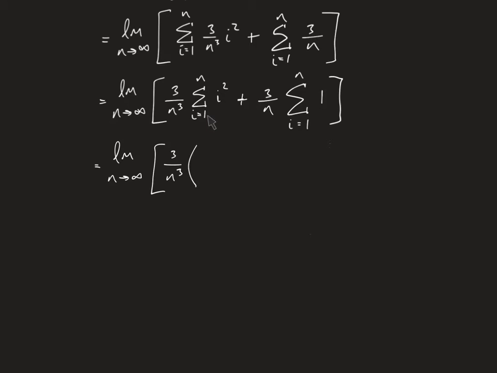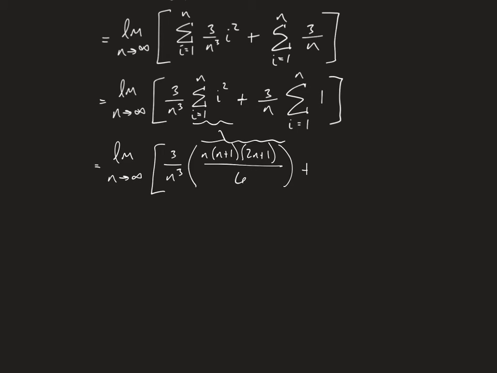We know what this equals. One of our theorems tells us how to evaluate the sum from 1 through n of i squared. And so we can use that theorem to just, or hopefully recall, that this is equivalent to n times n plus 1 times 2n plus 1 over 6. That's this.